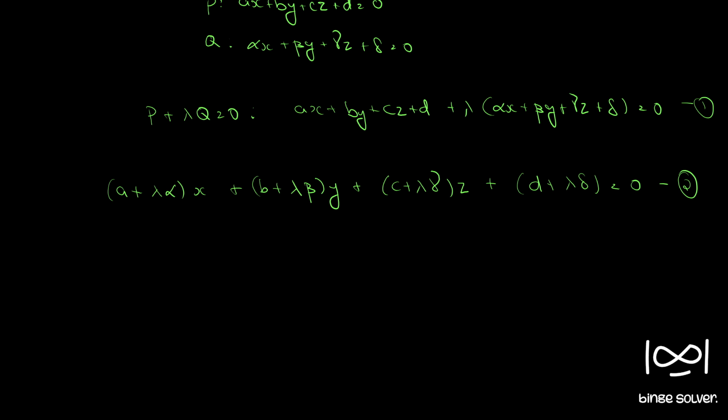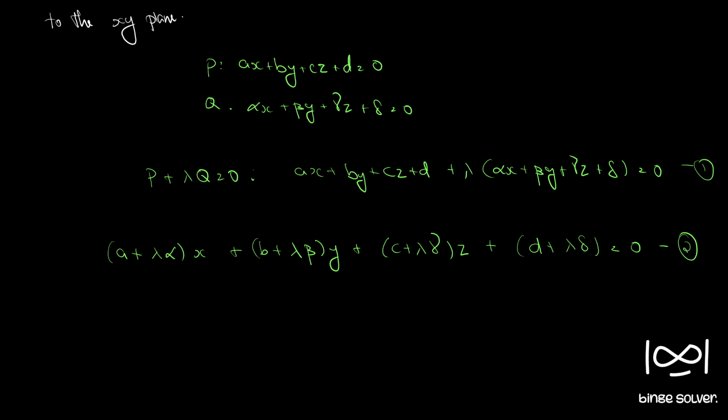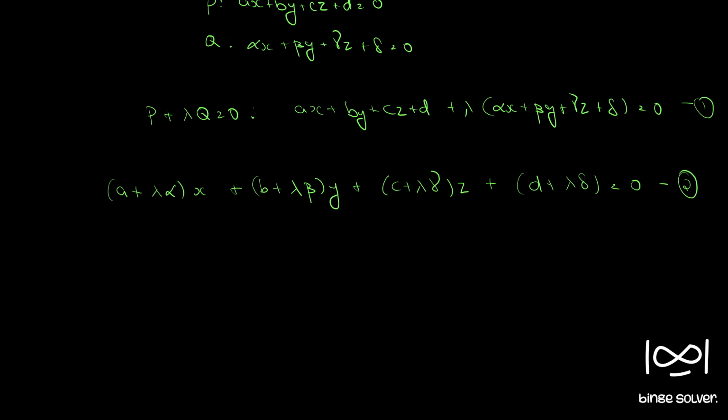So now it is given that the plane represented by equation 2 is perpendicular to the xy plane. Let this be the xy plane, and I am randomly drawing a plane which is perpendicular to it, and let this be plane 2.